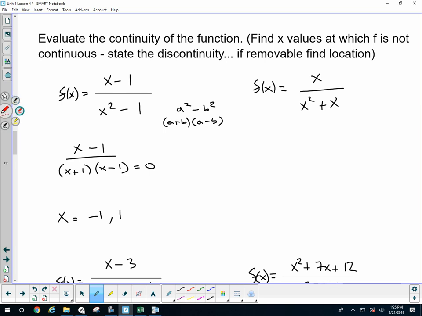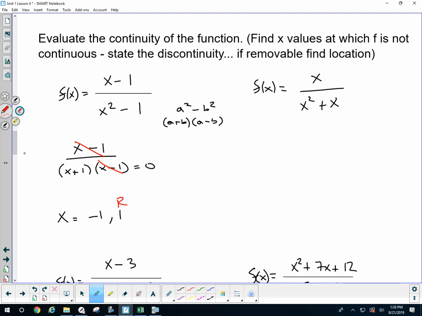Now, I don't have to go through the process of plugging in -1 and plugging in 1, because I can see, okay, this cancels. So yes, since that's removed, this is the location of my removable discontinuity, x equals 1. I would get 0 over 0 if I plugged 1 into the original function.